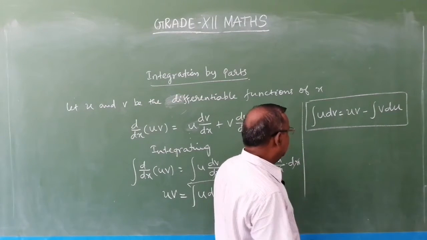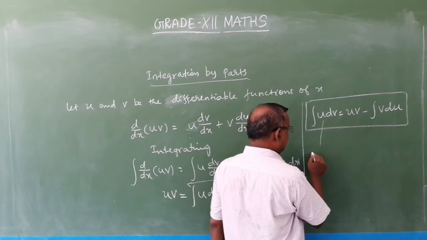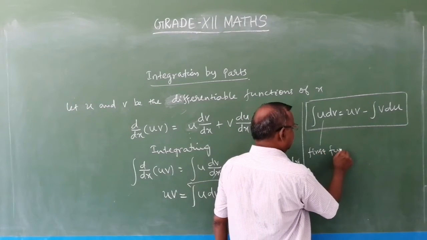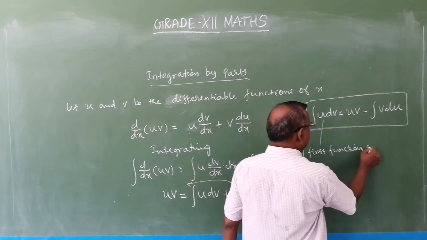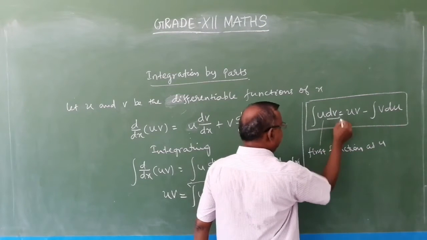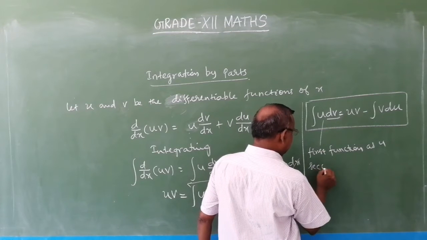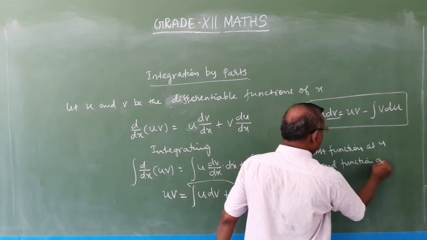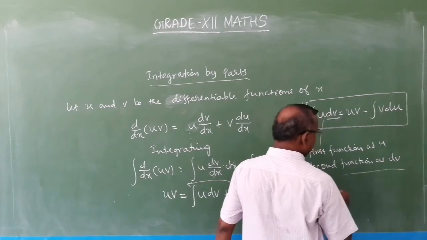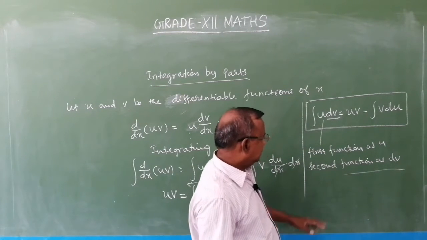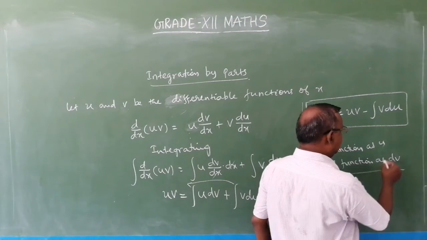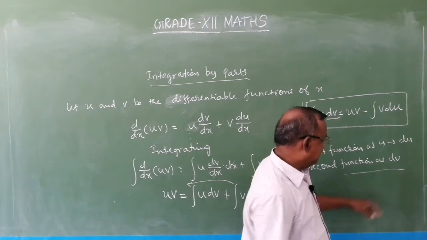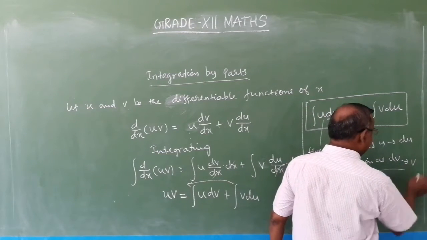In this case, you have to take one function, the first function, as u, and the second function as dv. We have to differentiate u in order to find du, and we have to integrate dv in order to find v.